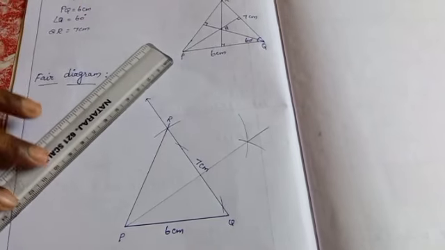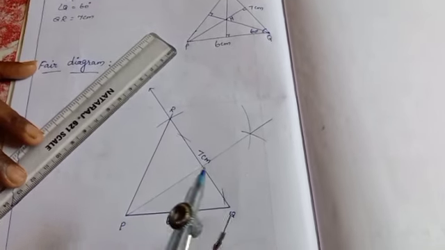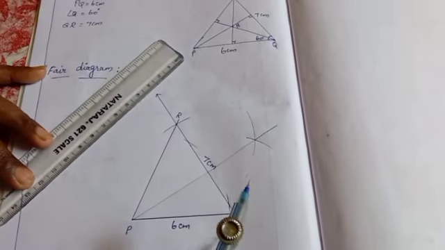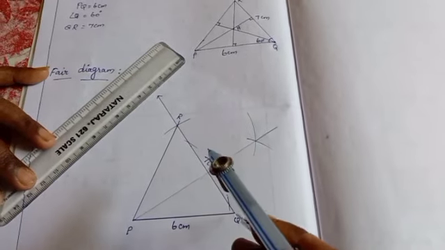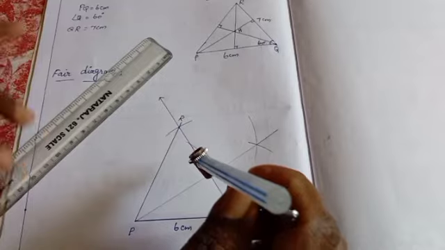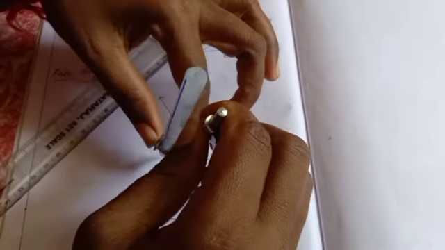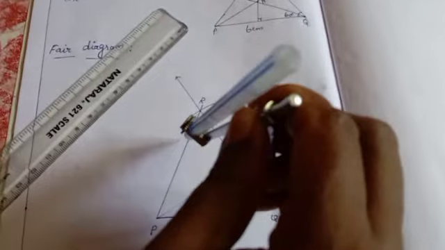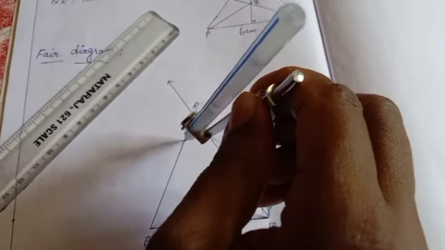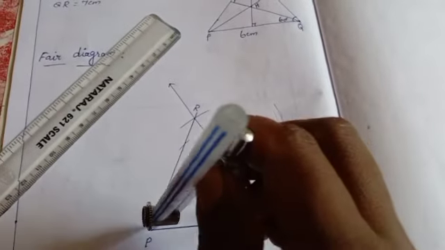Then you have to consider any one more vertex, Q or R. I am using Q here. Keep the compass needle on Q. You have to take this measurement. The pencil needle just touches the opposite side.